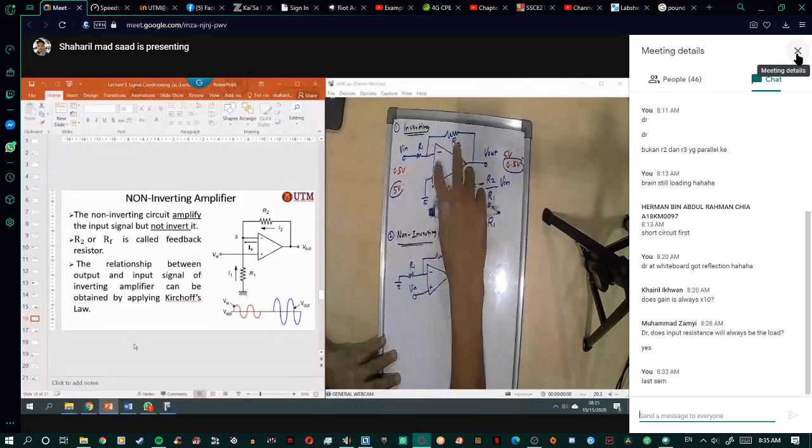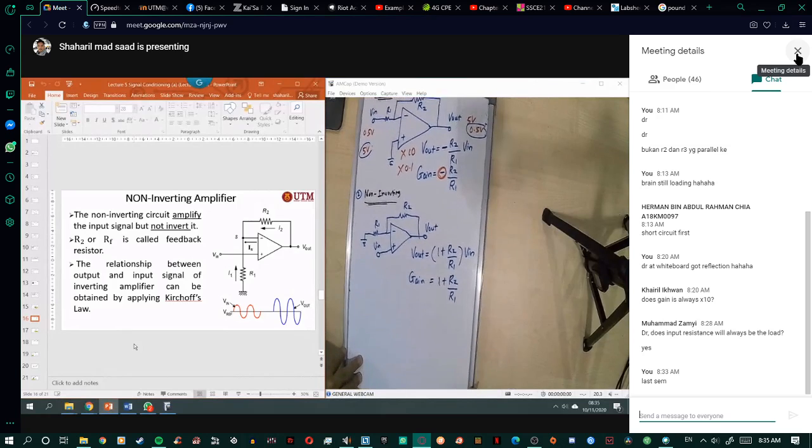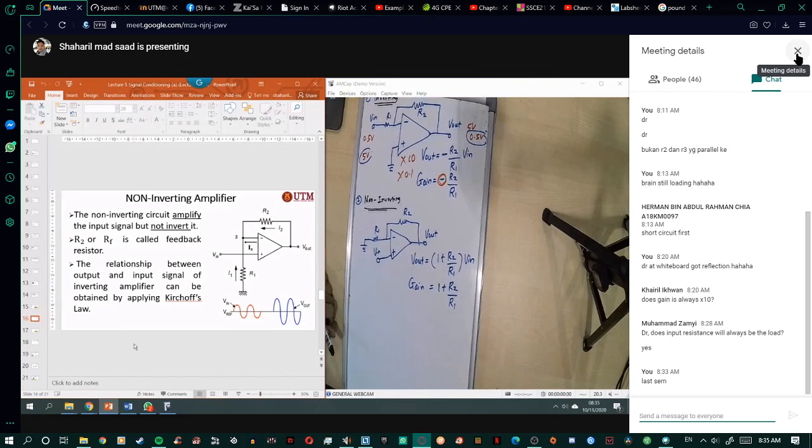Now this becomes the non-inverting circuit. It is all based on the inverting one, but to draw the non-inverting you just switch here. Then the formula is V out equal to 1 plus R2 divided by R1, times V in. So the gain is 1 plus R2 divided by R1. You can adjust to any gain you want.